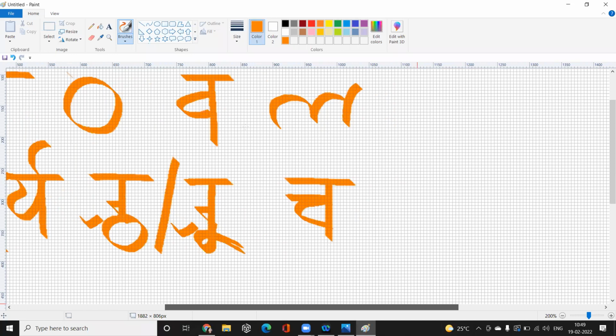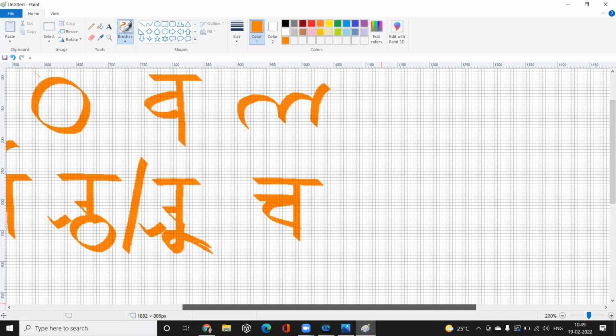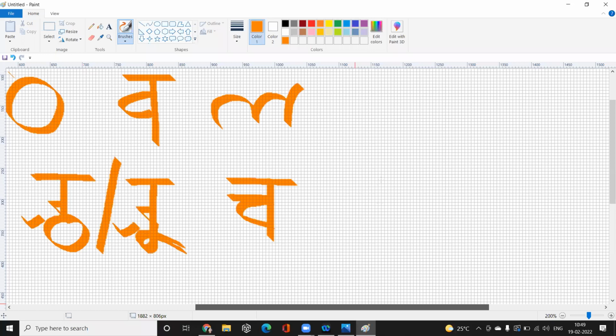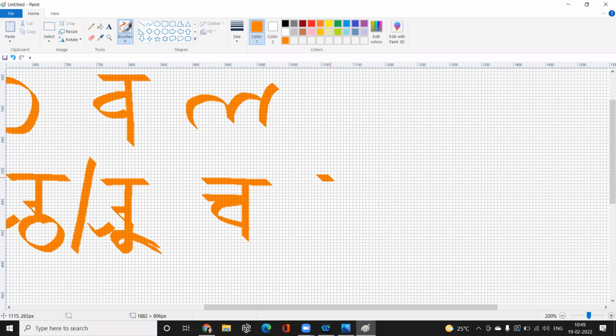And now in case of the last one, ra, it'll be again written a little differently. So here, this is na, this is ra, the matra ra, right? And here the ra merges with it. This is matra ra and na together.